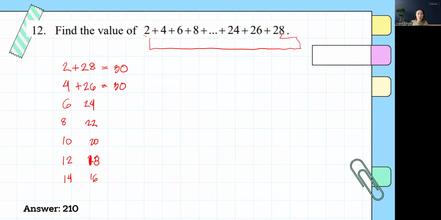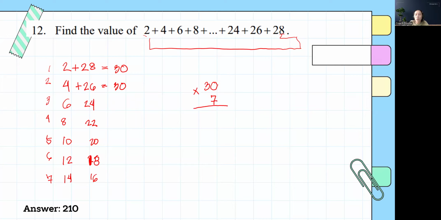Again, how many pairs do we have? That's 1, 2, 3, 4, 5, 6, 7. So that's 7 30s you're going to add up, which is just the same as 30 times 7.